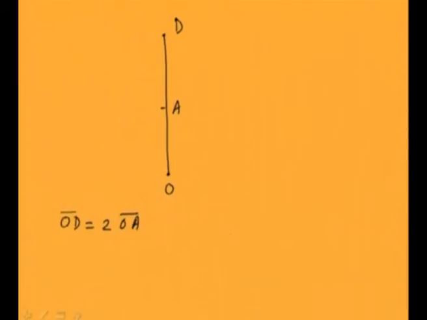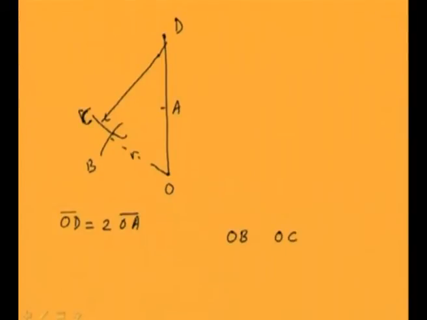Now with the help of OB and OC measurements, we'll cut arcs: from O, with OB, we'll cut an arc in this direction, and then with D as the center, we'll make another arc with radius OC.